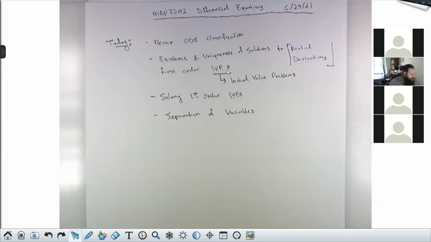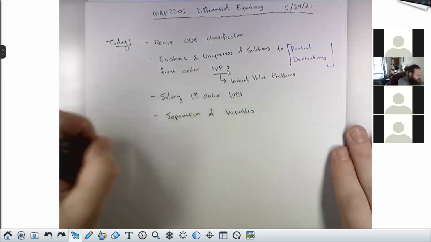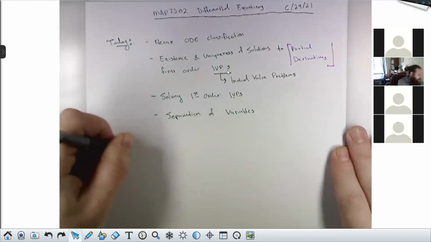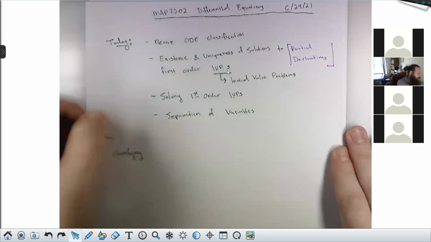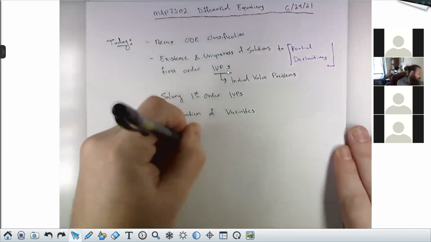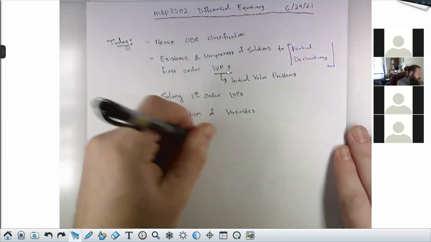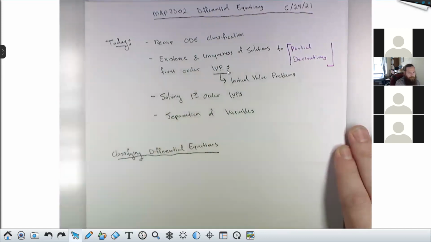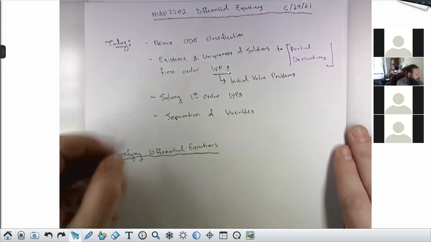Okay. So classifying ODEs, or we'll just say classifying differential equations. This is kind of review or recap from yesterday, so I'm going to move somewhat quickly.